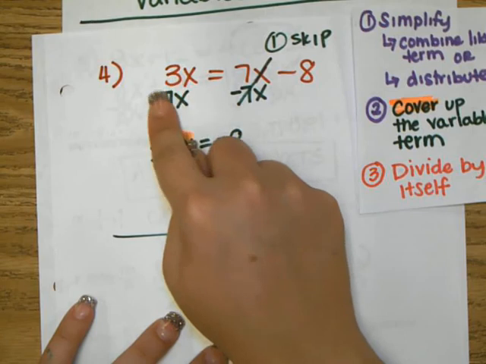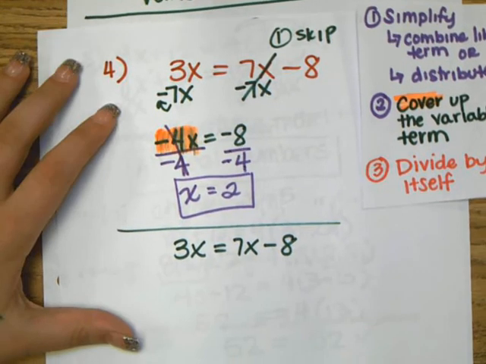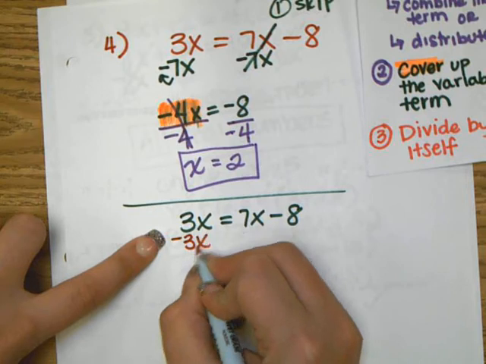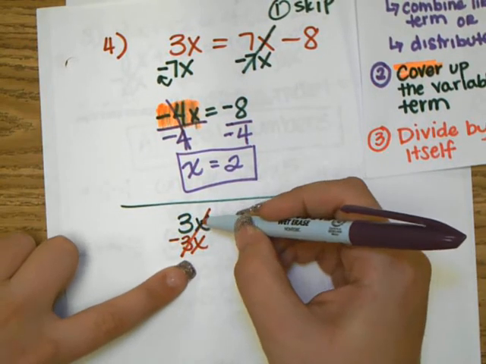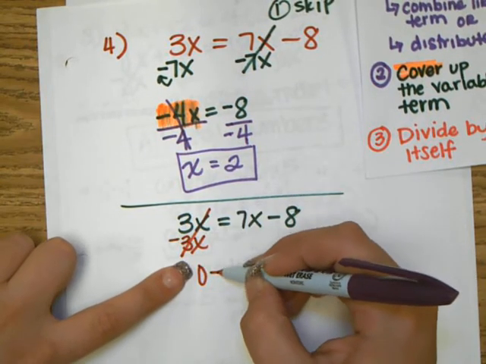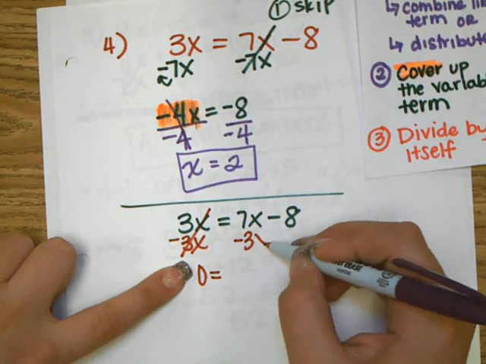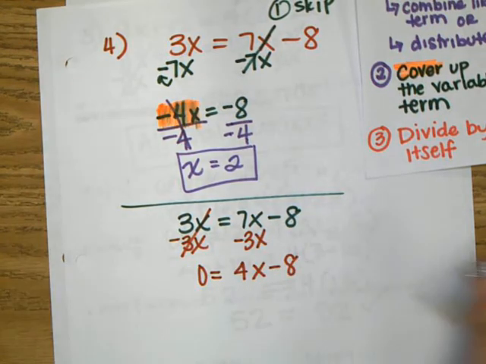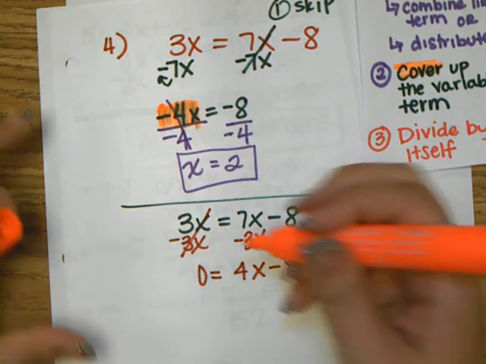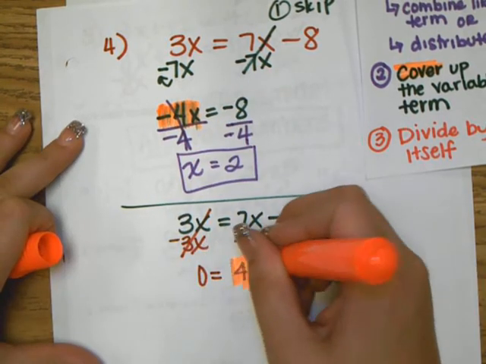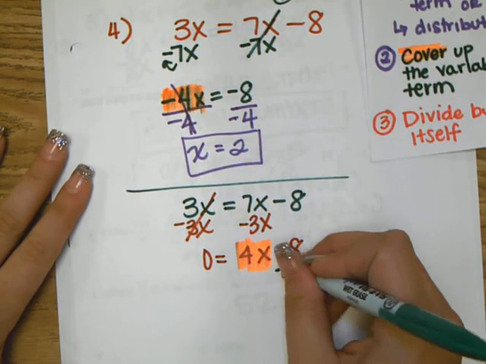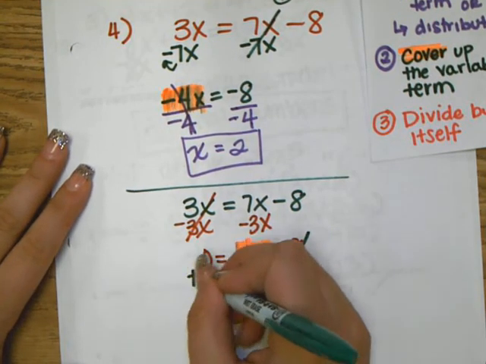Now I just want to show you, for one example, if I take this problem, I'm going to redo it. I want to show you that if I didn't start with -7x, if I started with the 3x side over here, I'm still going to get 2. So if instead of -7x, I do -3x, that's 3x minus 3x, that's 0. And then I have 4x here. I'm going to highlight, that's step 2.